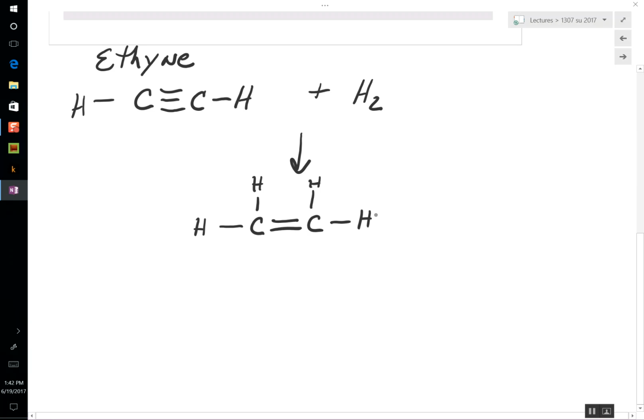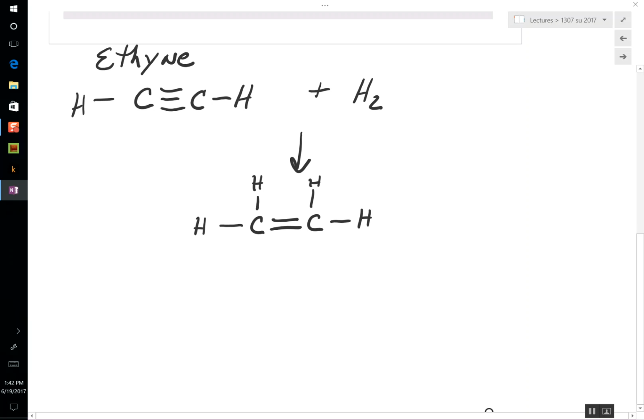Can you see? If you started out with a triple bond and you hydrogenated a triple bond, one molecule of hydrogen would not saturate it. It would only take care of one of the bonds.